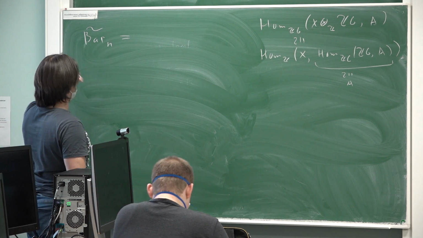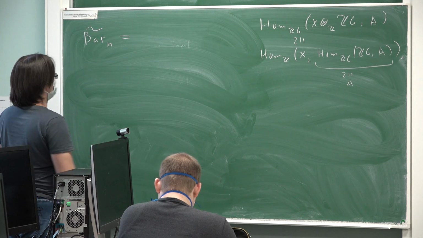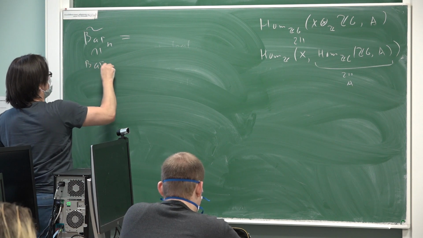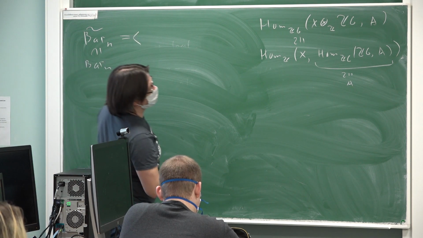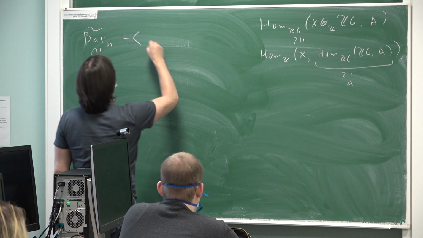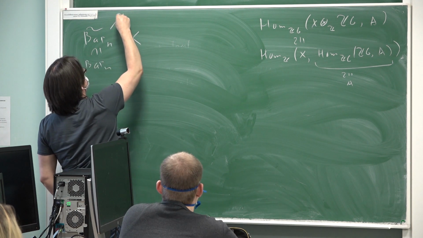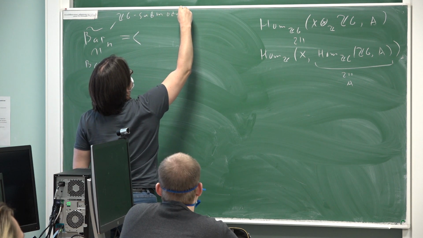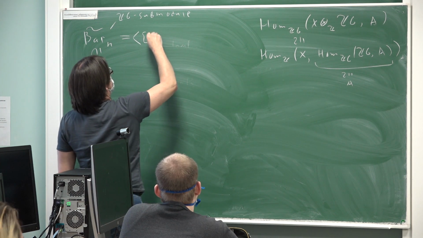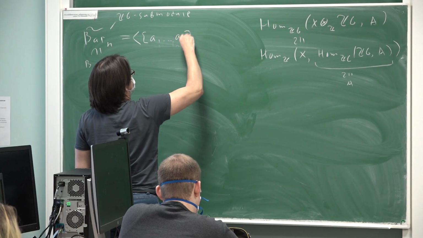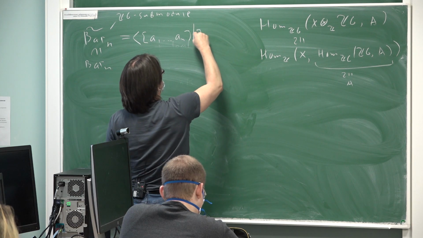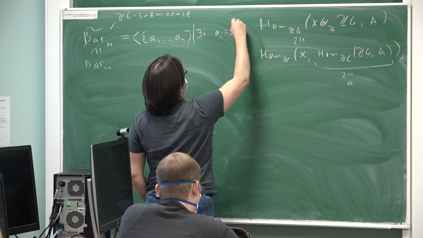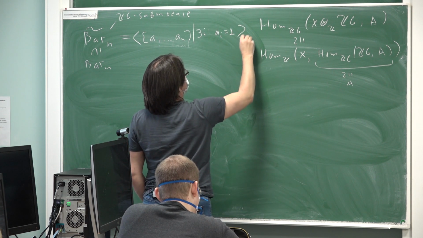So bar n tilde is a submodule of bar n, generated by elements of the form a1, and so on, an, where for some i, ai equals 1.